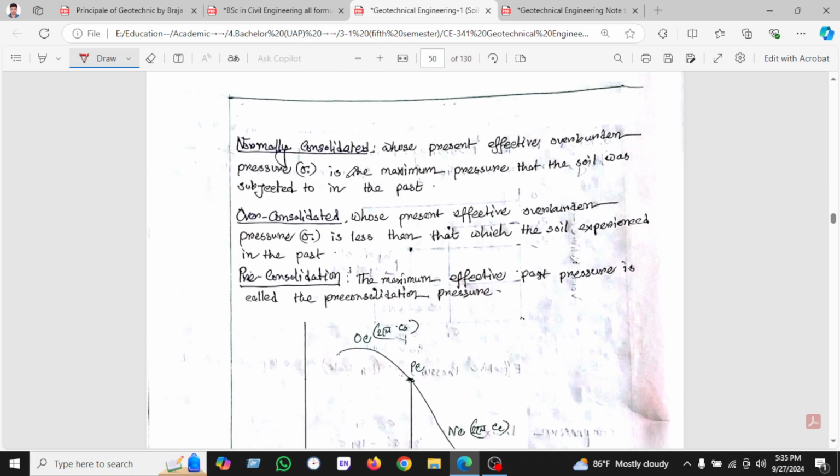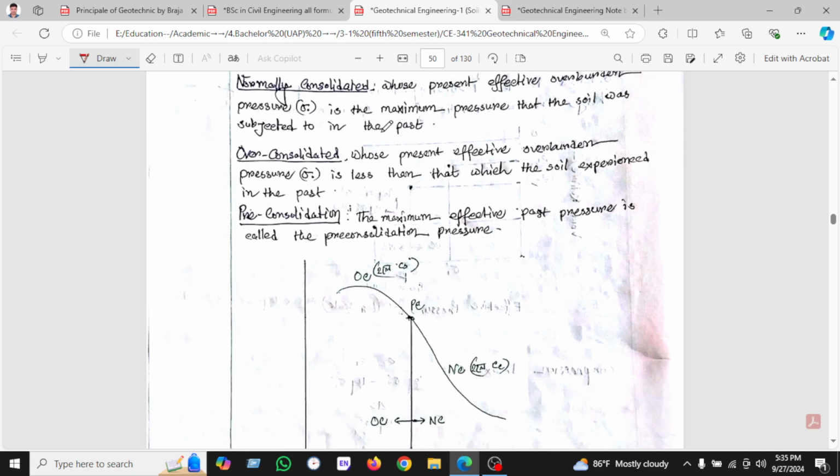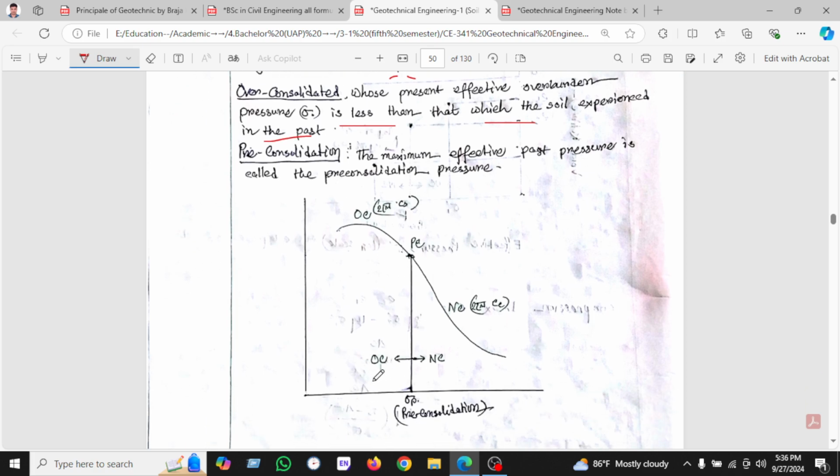Normally consolidated soil is one whose present effective overburden pressure is the maximum pressure that the soil was subjected to in the past. Over-consolidated soil is one whose present effective overburden pressure is less than the maximum that the soil experienced in the past.